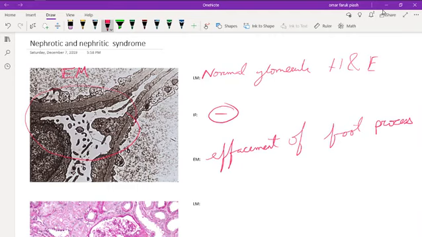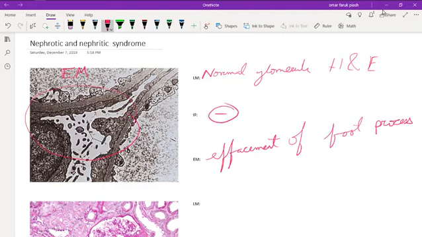Due to cytokines. There is cytokine-mediated damage, and as treatment, corticosteroids give a great response in these babies. Minimal change disease is also known as lipoid nephrosis.